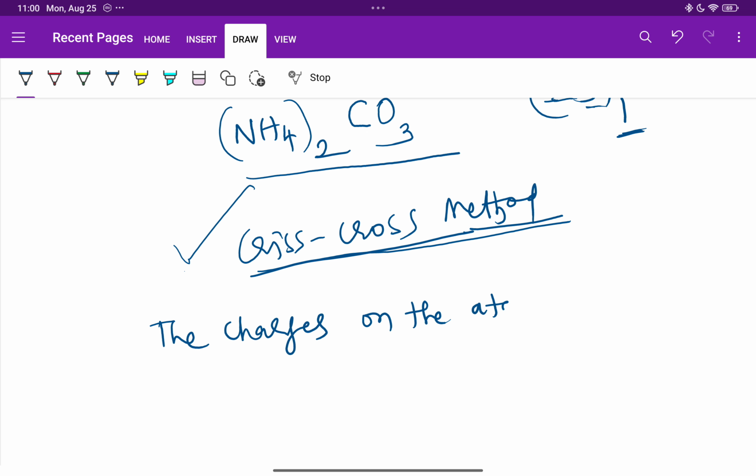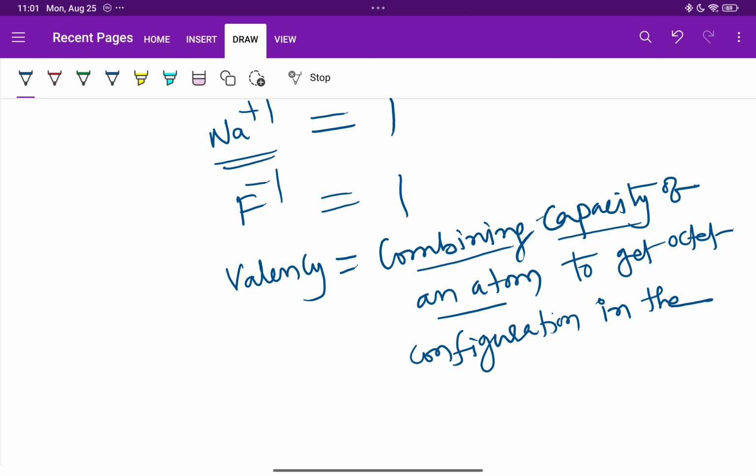So here valency is nothing but the combining capacity of an atom to get octet configuration in the valency shell.